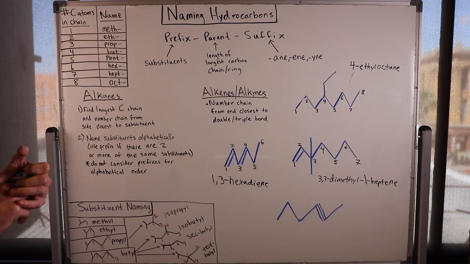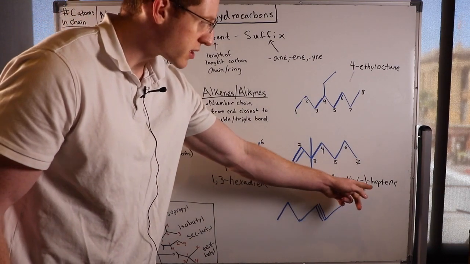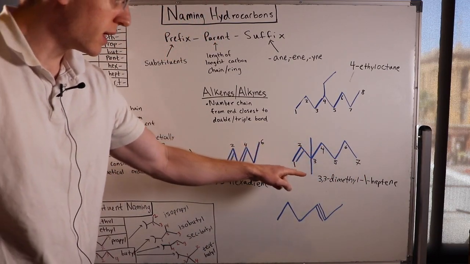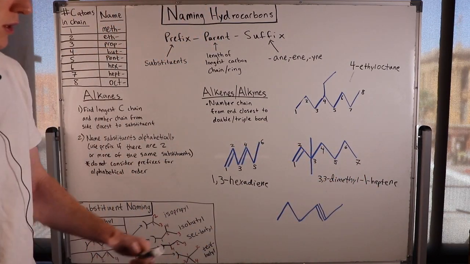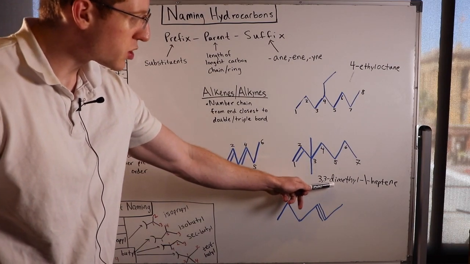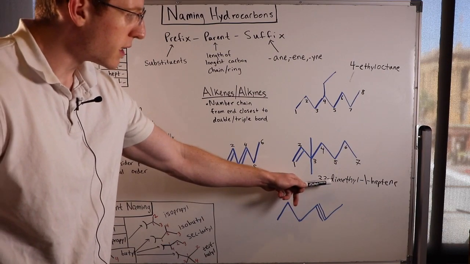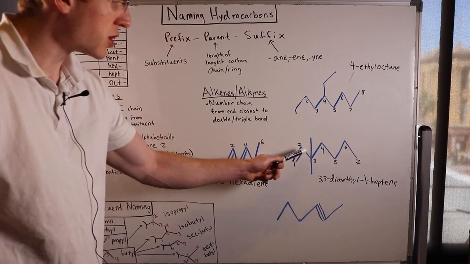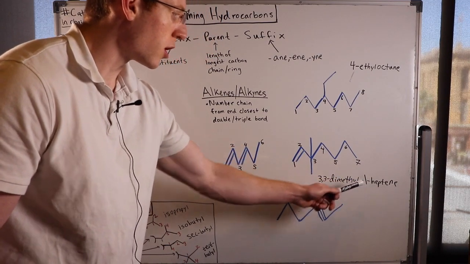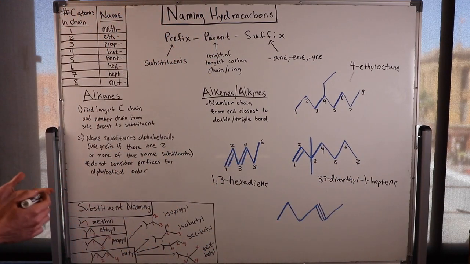So you can see here that this naming system was devised so that you could look at the name without having this blue skeleton structure and be able to draw this. So now from this we would know that on carbon 3, there are 2 methyl groups, and then it's a 7-carbon parent chain, and it's got a double bond somewhere because it's an ene, and that starts on carbon 1. So it gives us all the information we need.